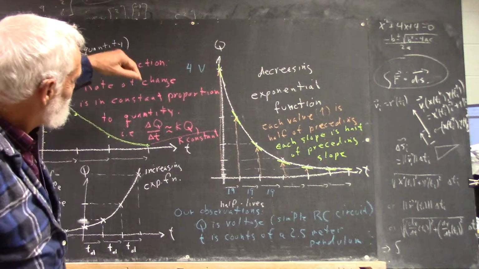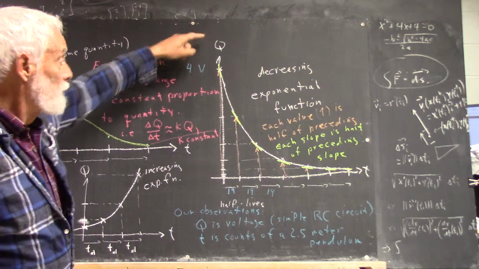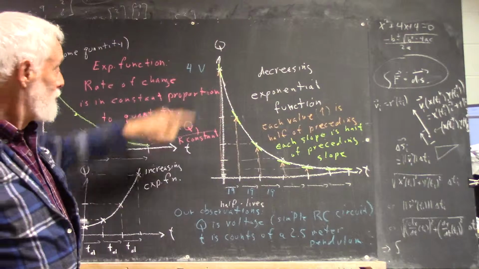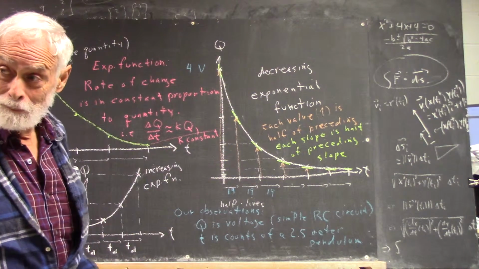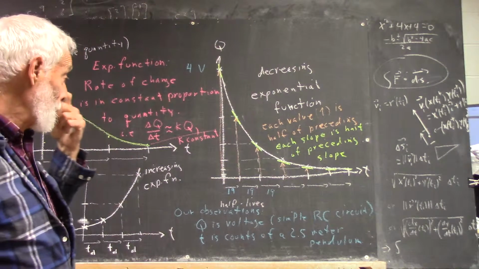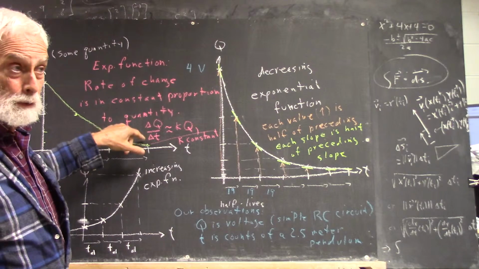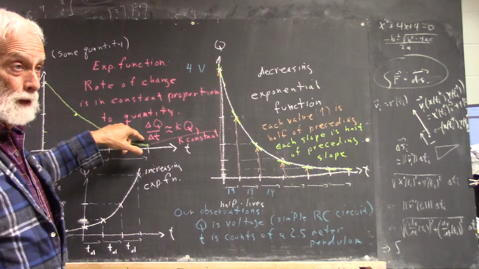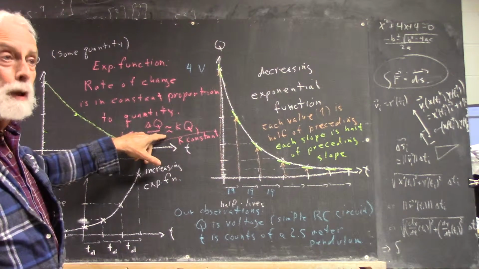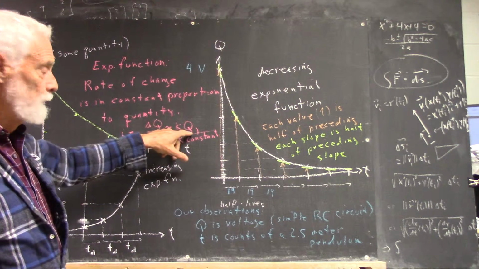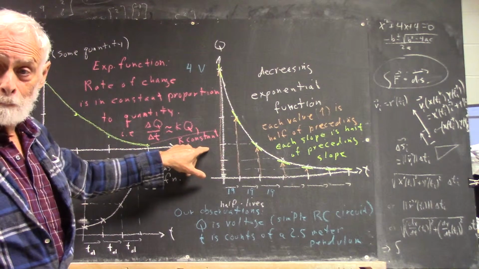Okay, well, so delta Q is the change in whatever this thing is. Delta T is the change in your time, okay? And this is the rate of change, the average rate of change of Q with respect to T, okay? And we'll talk more about that. And that is approximately equal to some multiple of Q where the thing you multiply by Q is always the same.